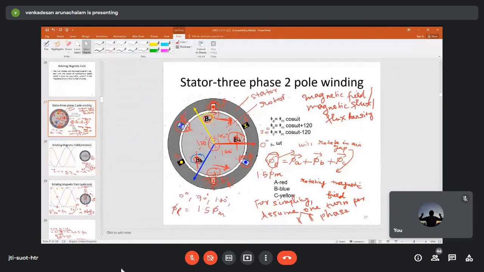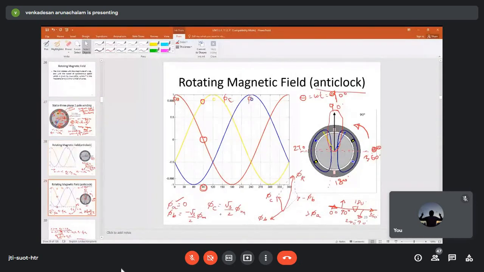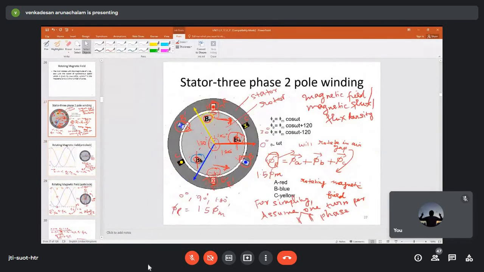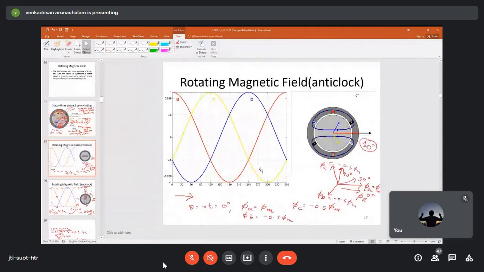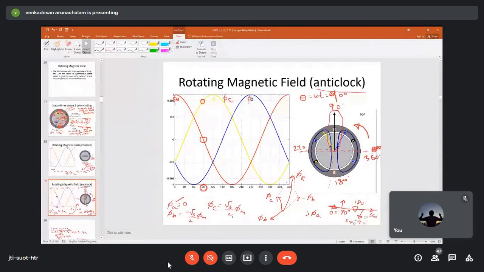Here omega t is 90 degree. Cos 90 is 0. Then 90 plus 120 gives minus root 3 by 2 of phi m. You substitute and calculate, you will get it. Then here 90 minus 120, you will get root 3 by 2 times phi m.